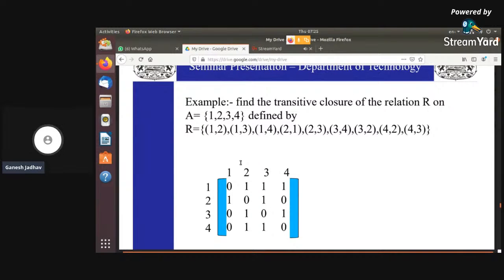From the relation you are required to write the matrix.